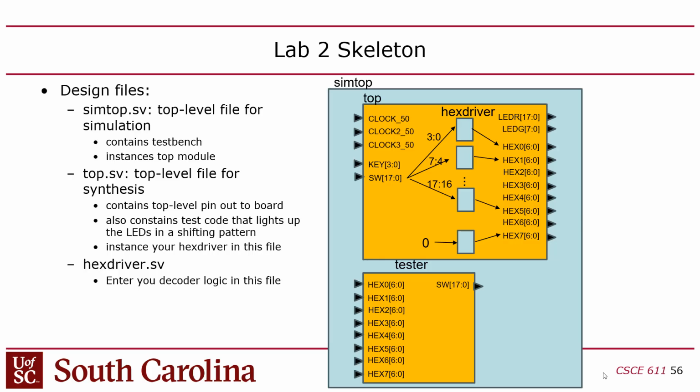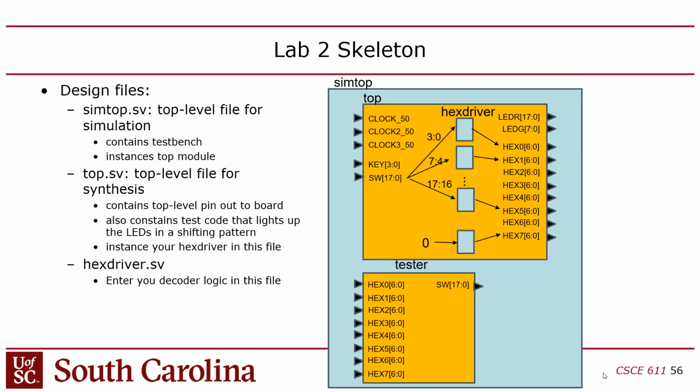And actually, one thing I forgot to mention, the top design already has some code in there that you can use for testing. It's this little toy code that takes the LEDs on the board and makes the LEDs walk across the board left and right, right? That's already in there for you. So you can actually just unpack this project and say CSCE 611.sh build and CSCE 611.sh program, and it'll actually put a working design on the board that'll run.